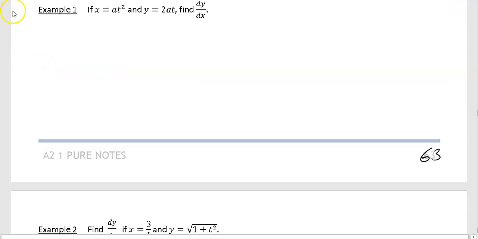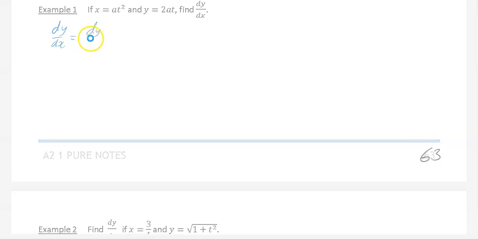Okay, so the first example says if x is equal to at squared and y is equal to 2at, find dy by dx. Now, to do this, we're going to say dy by dx, that's what we're looking to find, and we're going to be using the chain rule to do this.